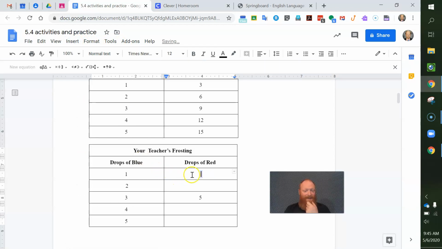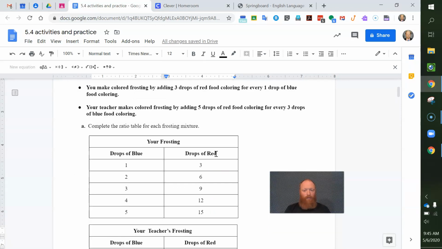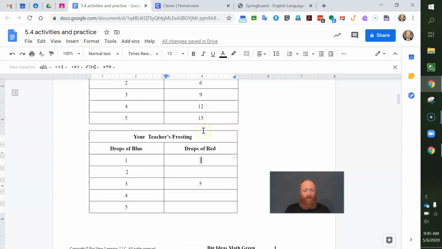an equation. So if we have 1 drop of blue, well, for every 3 we're putting in 5.